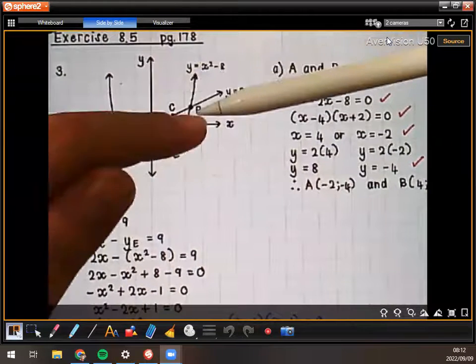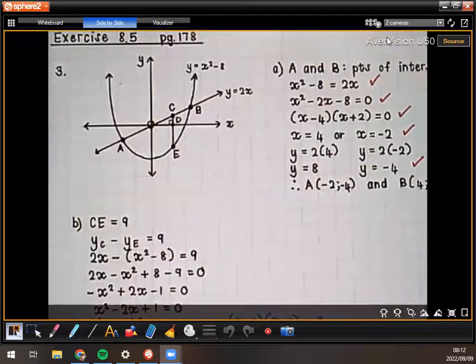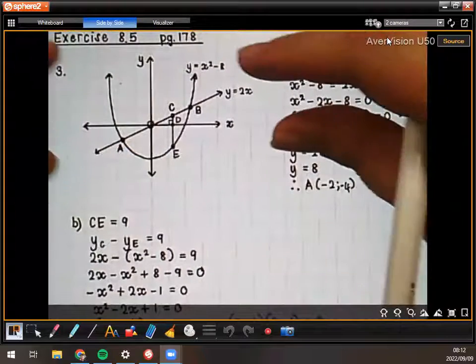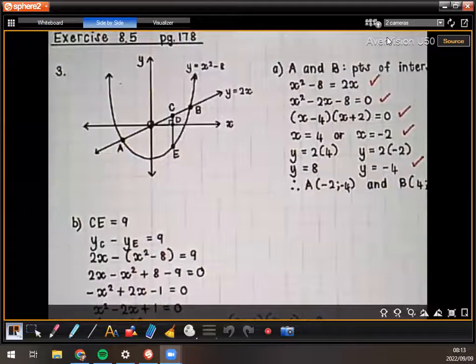Because here, point C is on the straight line and point D is on the parabola. So we're looking for where the straight line is lying above the parabola. But there definitely will be two places, one on this side and one on that side, where the parabola is lying above the straight line. But then you would just do x squared minus 8 minus 2, so that then is the portion of the graph where the parabola is above the straight line.